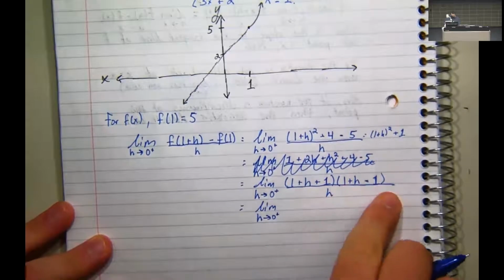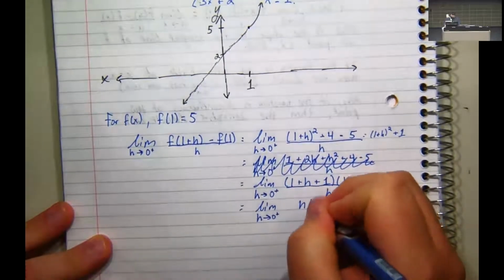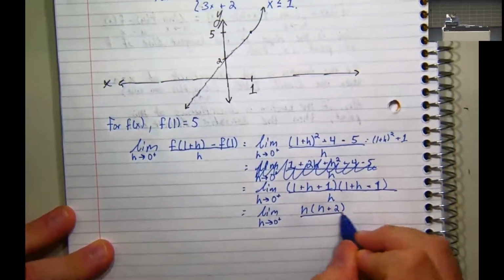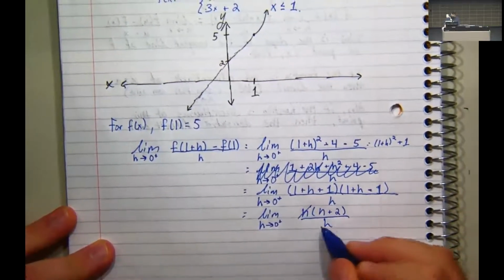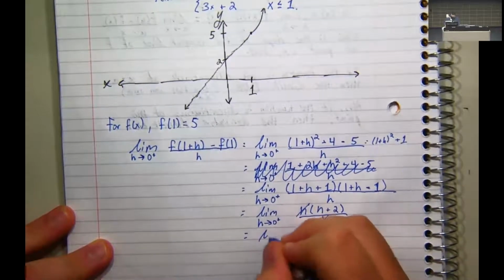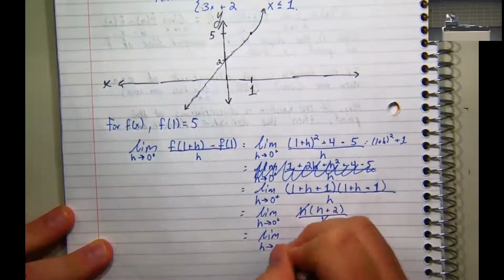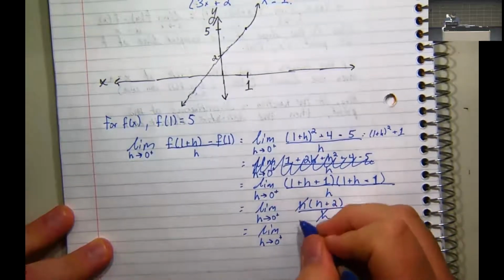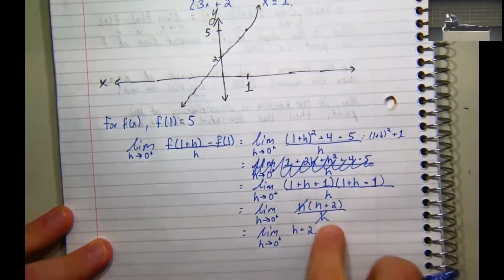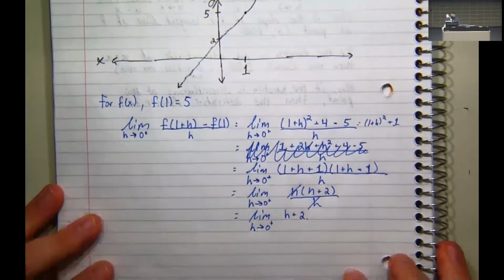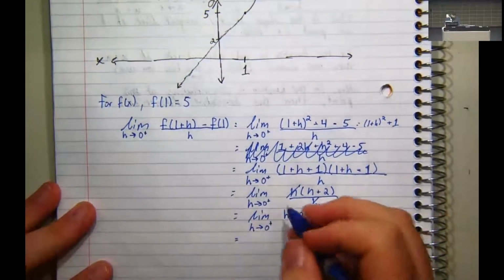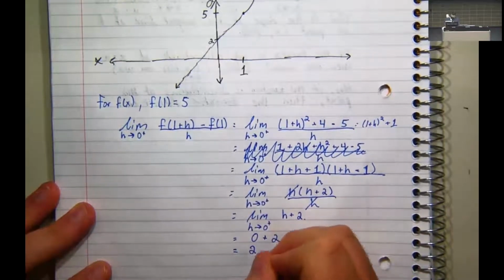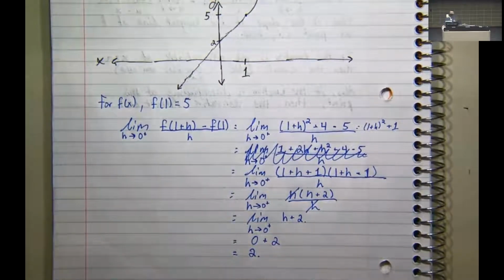Here, the 1s would cross out, so this just becomes h times h plus 2 all over h. These h's eliminate. Limit as h approaches 0 from the positive of just now h plus 2. And because we no longer have that division by 0, we can just sub in the value for h. And so that gets us 0 plus 2, which equals 2. So that is from the right.